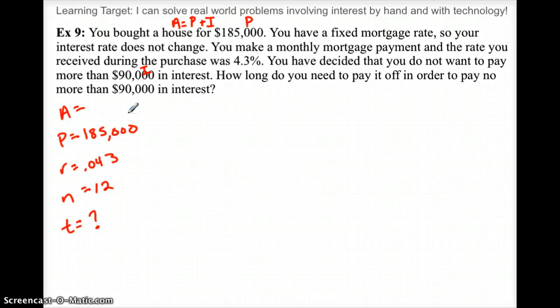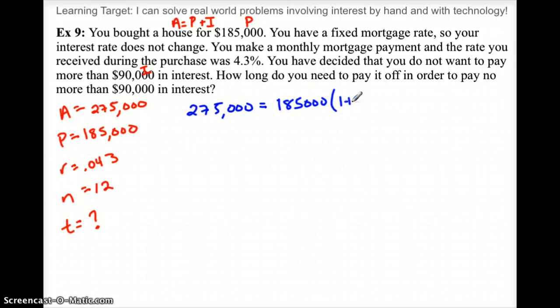So if I add the P value plus the I value, I would get 275,000. So then let me plug this into our compound interest formula. A equals P, parenthesis 1 plus the rate divided by n, to the n times t.